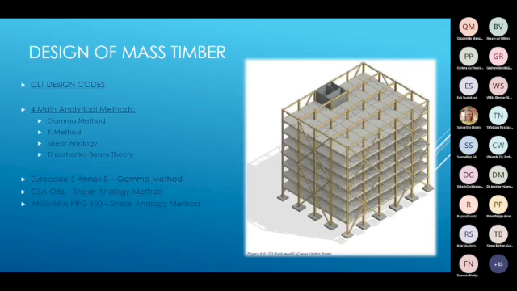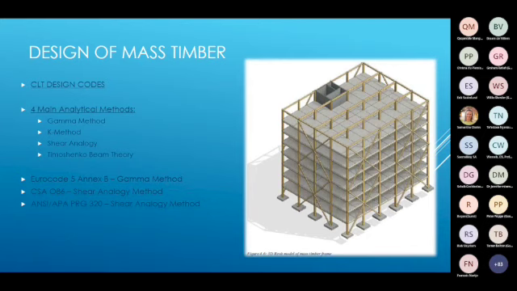There are four main ones, namely the gamma method, the K method, the shear analogy method, and the Timoshenko beam theory. Bram Wessels will also have a bit to say about the gamma method and the shear analogy method.